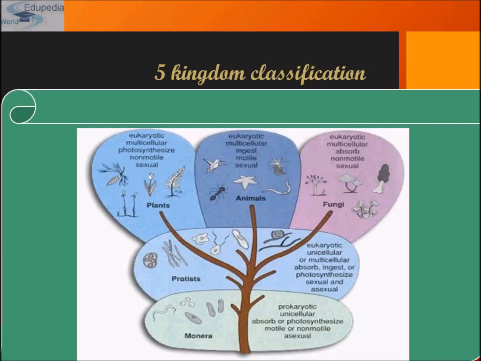Examples are rose plant, mango plant, guava plant. And the animal kingdom is also known as kingdom Metazoa. They are heterotrophic, eukaryotic, multicellular organisms. They lack a cell wall. This kingdom includes all types of animals. Examples are lion, peacock, tiger.